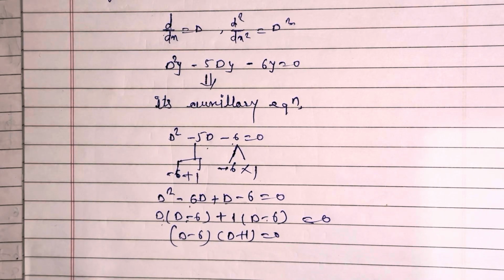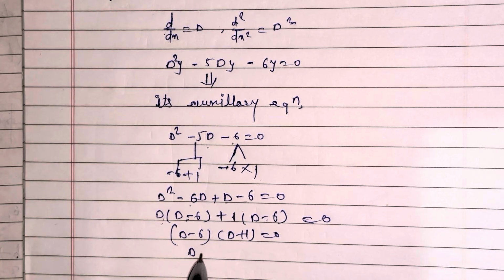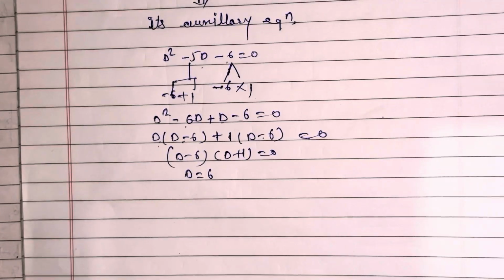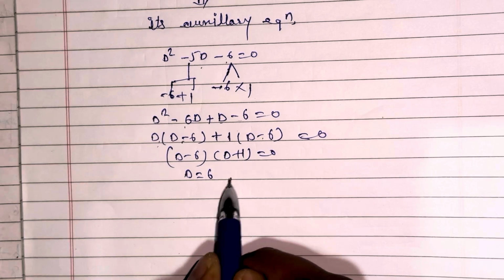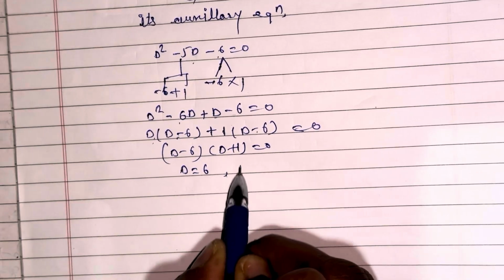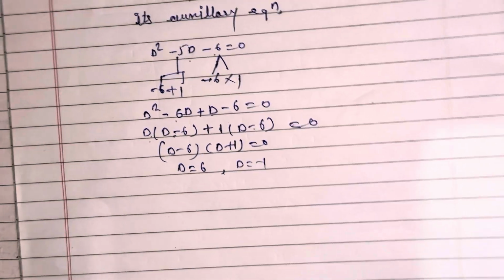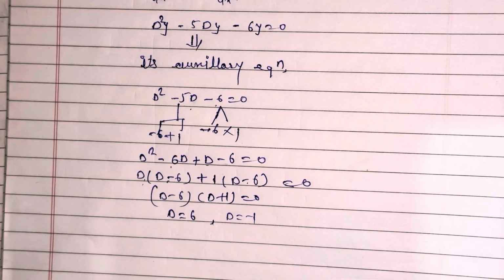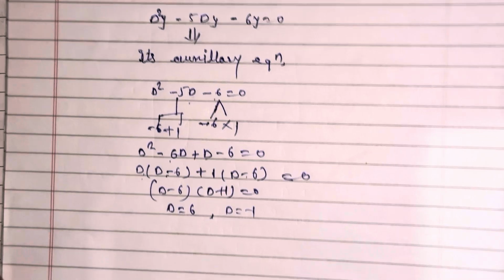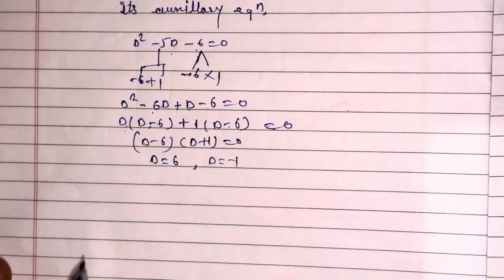So we got the two roots, D equal to positive 6 and D equal to minus 1. These are the two roots for our linear differential equation. Now let's find the complementary function.